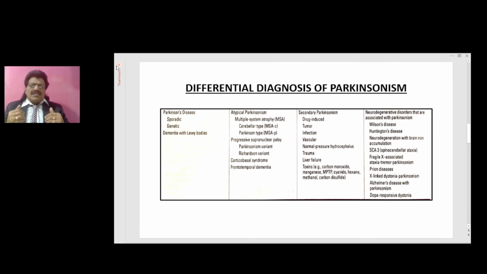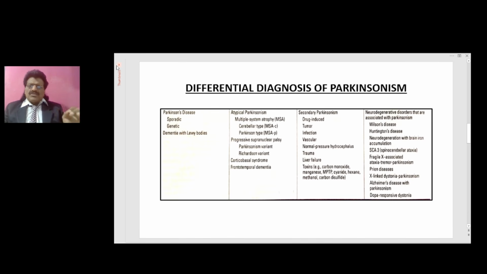The other neurodegenerative disorders that are associated with Parkinsonism are Wilson's disease, Huntington's disease, neurodegeneration with brain iron accumulation, spinocerebellar ataxia type 3, Fragile X associated ataxia tremor Parkinsonism, prion diseases, X-linked dystonia Parkinsonism, Alzheimer's disease with Parkinsonism, and DOPA responsive dystonia.